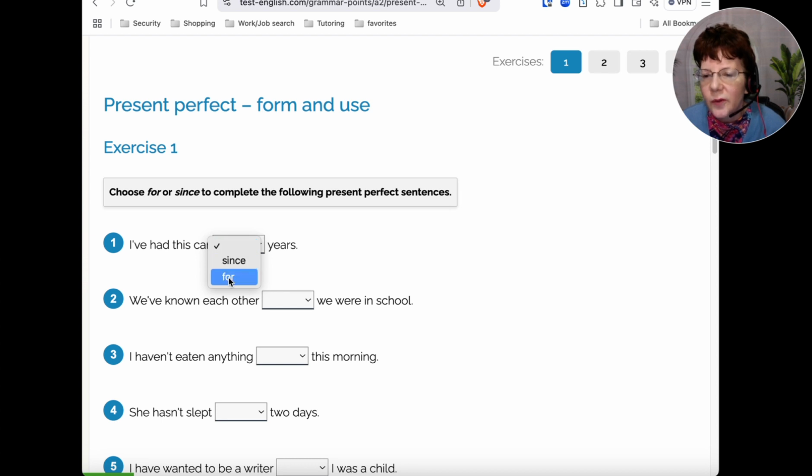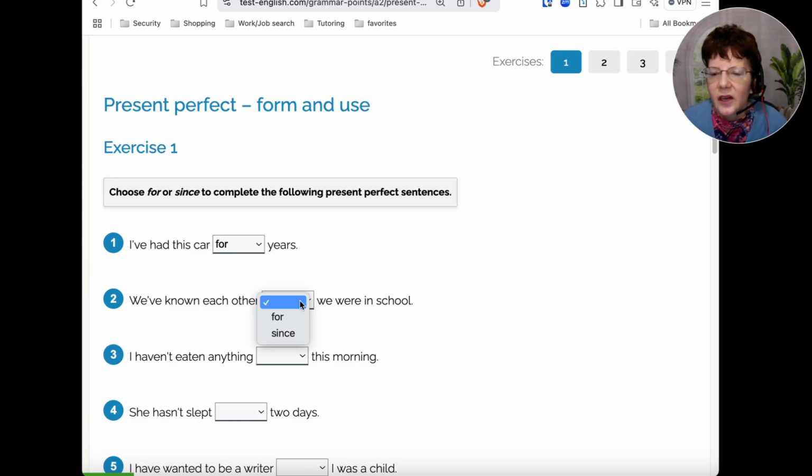So if you chose for, that is correct. Okay, number two, we've known each other we were in school. Okay, so for or since. Okay, so talking about beginning of a time or an event or situation. So if you chose since, that would be the correct answer.